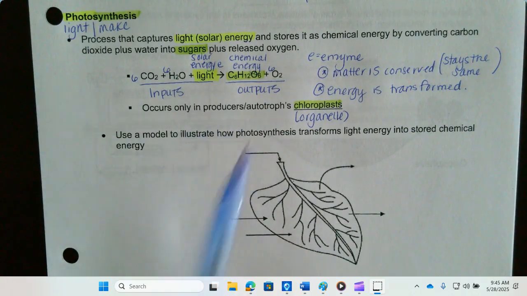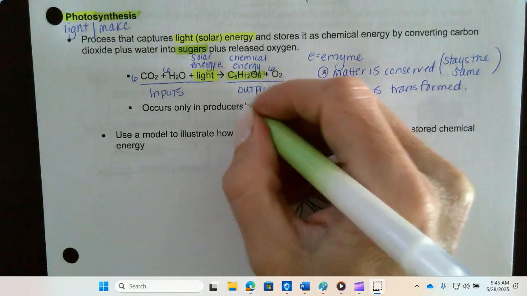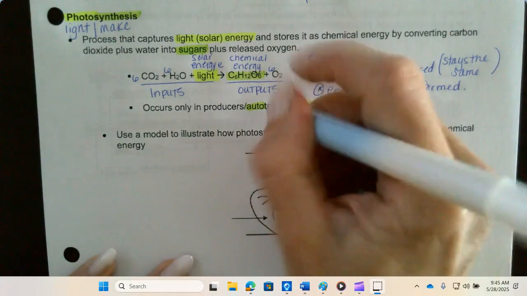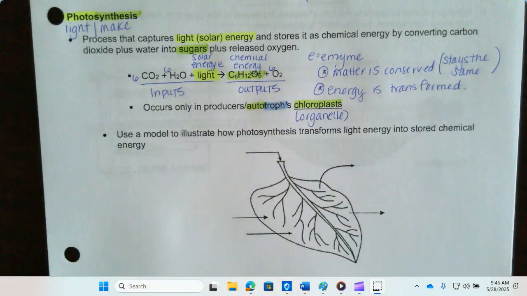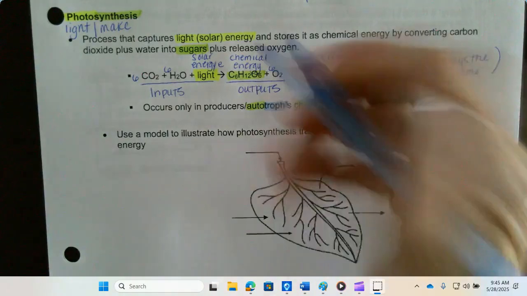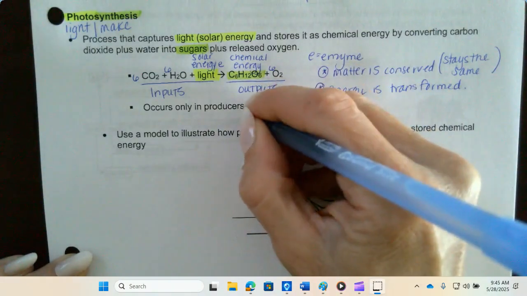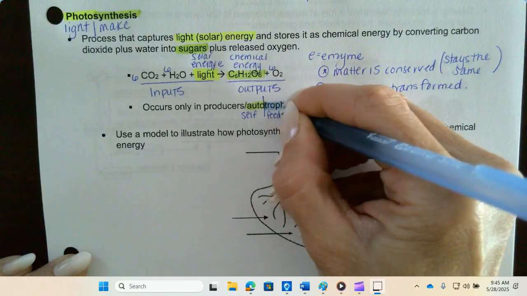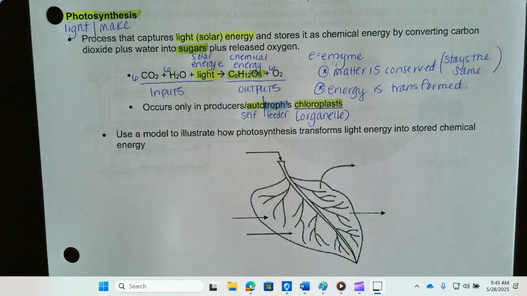Now here we have those two other words, producer and autotroph. A producer produces its own food, and autotroph means self-feeder. Again, maybe that's a word you want to know how to break apart, because we do see that word troph a lot. So if you're not familiar with that, I would suggest that you learn the root and the suffix. The root auto means self. Troph means feeder. So they're able to make their own food.